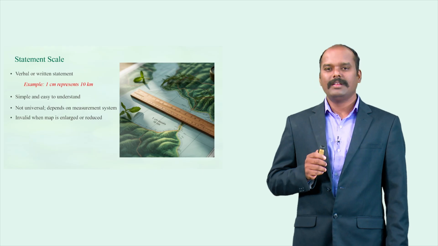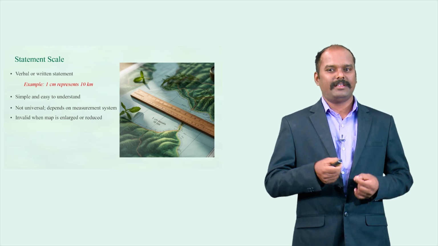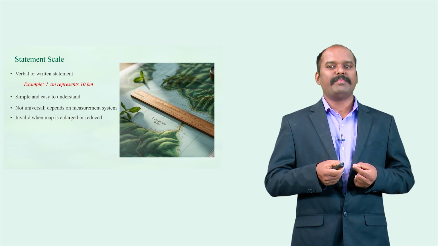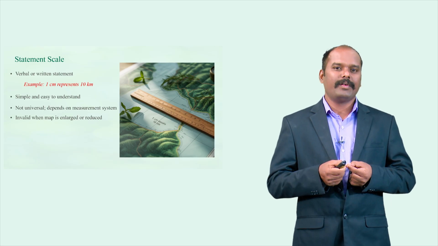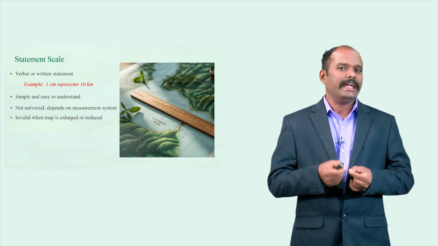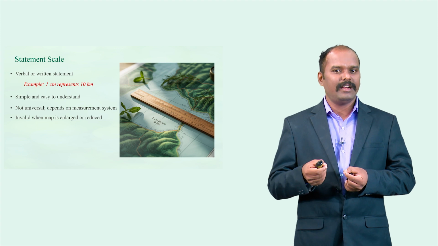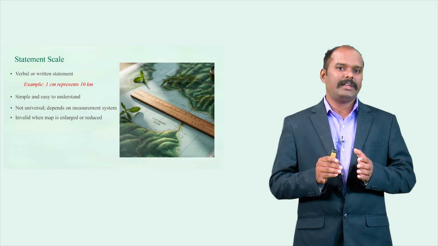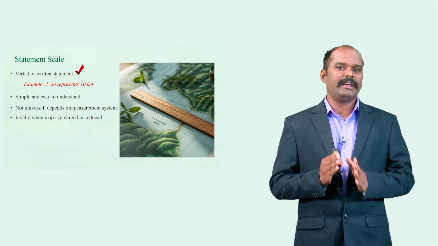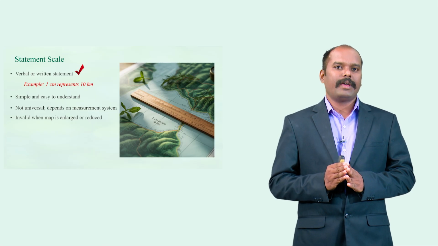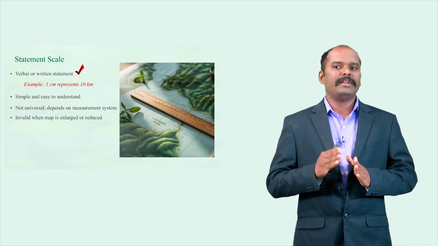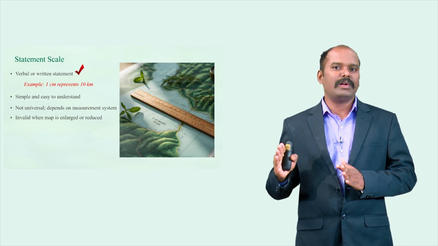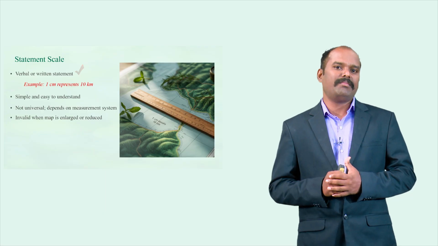It means, if you measure the distance between 2 points on the map and get 1 centimeter, it denotes a 10 kilometer distance in the real world. So, it is a verbal statement, a written statement. Yes, it acts as a bridge between the map distance and ground distance through a written statement.